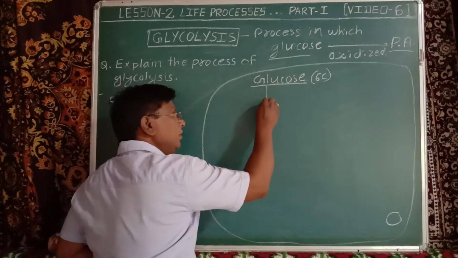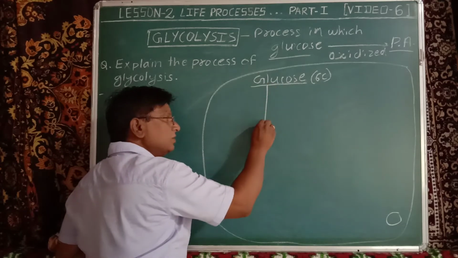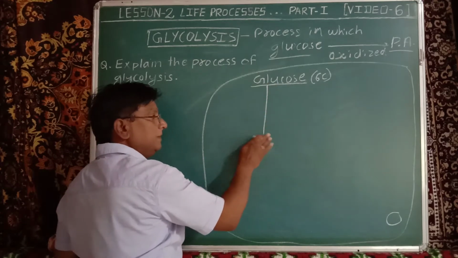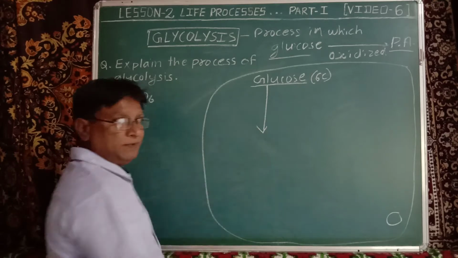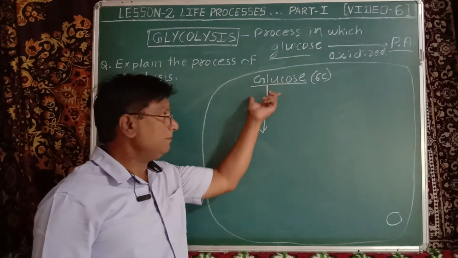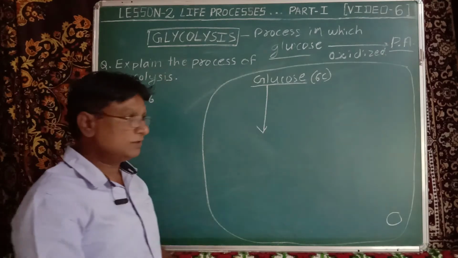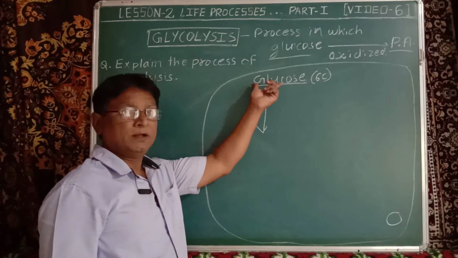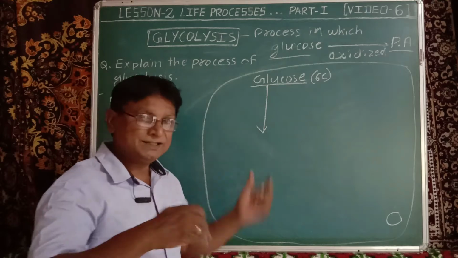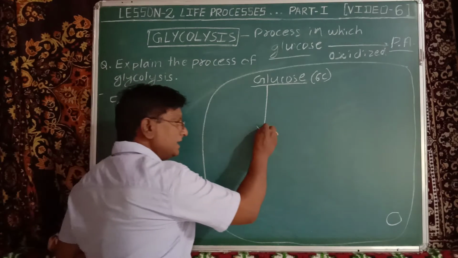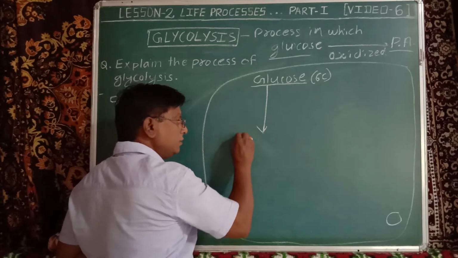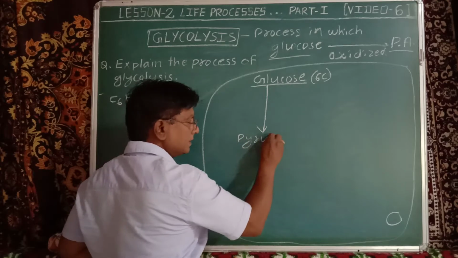Now, during oxidation, stepwise oxidation takes place. Stepwise means there are many chemical reactions, about 10, but this is not in your syllabus. So this glucose gets converted stepwise, it is oxidized, and ultimately pyruvic acid is formed.